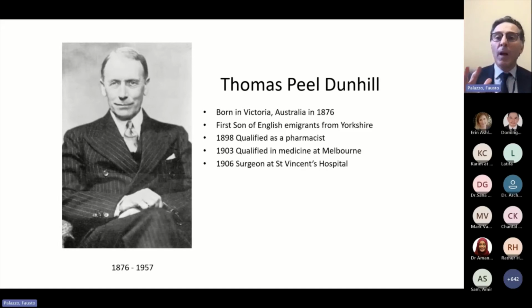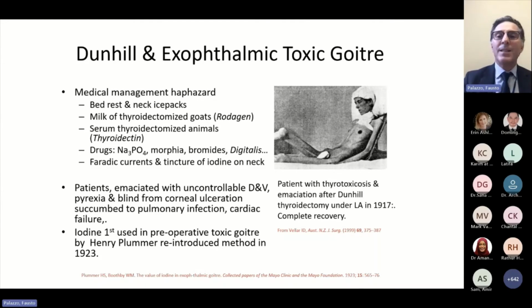He came from a humble background, and he financed his medical school after pharmacy by working as a chemist, in other words. And he was an outstanding student. And he had a particular interest in thyrotoxicosis, or exophthalmic toxic goiter, as you might call it. Of course, it's Basedow's disease.